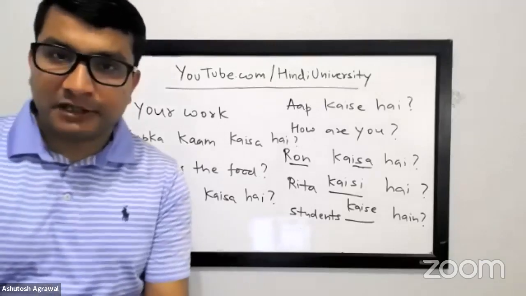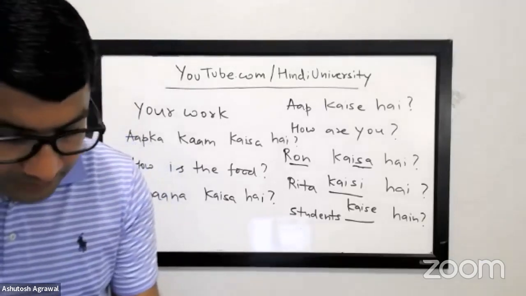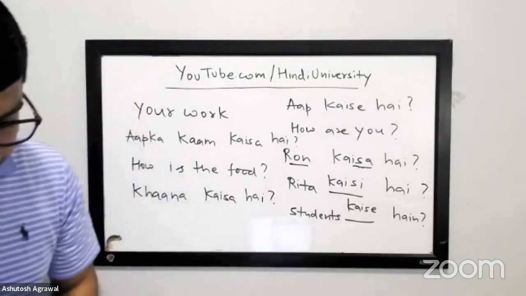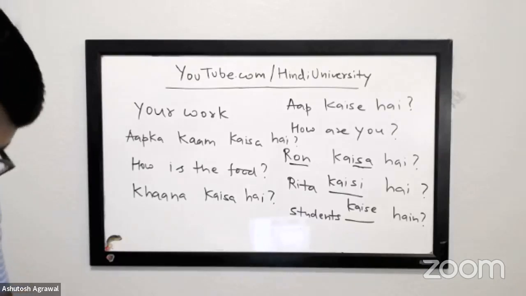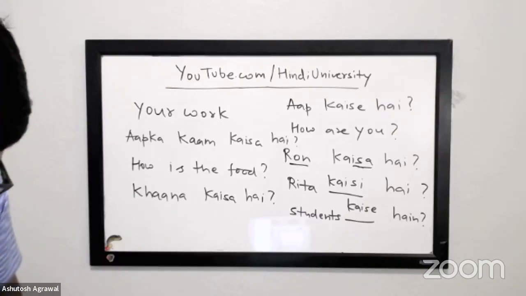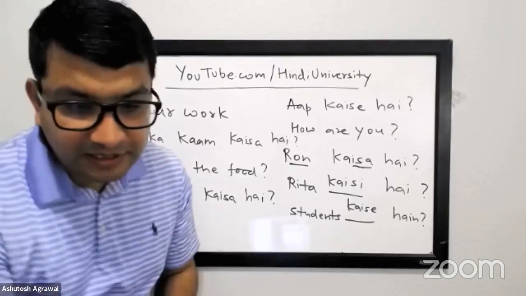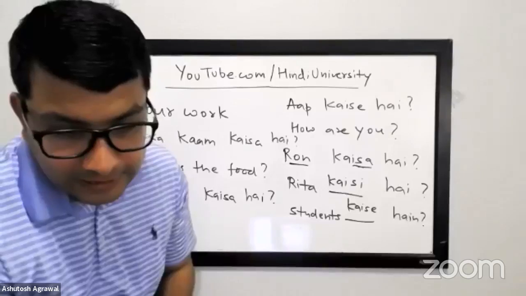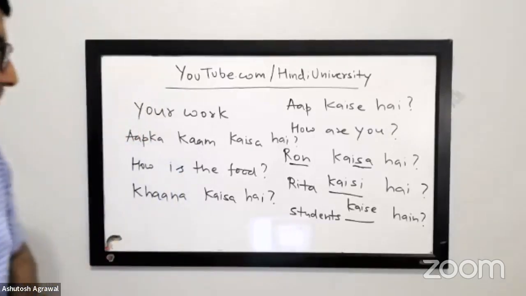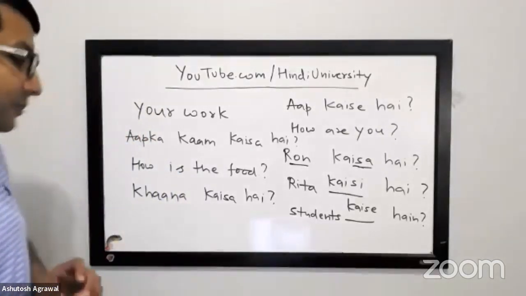Okay, let's make it even more interesting. So far I'm sticking with kaisa and then we'll keep changing. Let's see, give me some examples of kaisi. I'm going to ask Anders ji. How's the book? Very good.